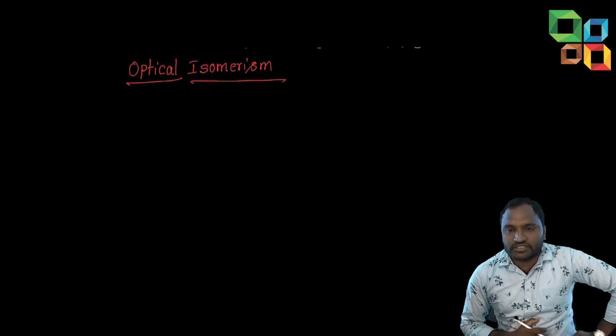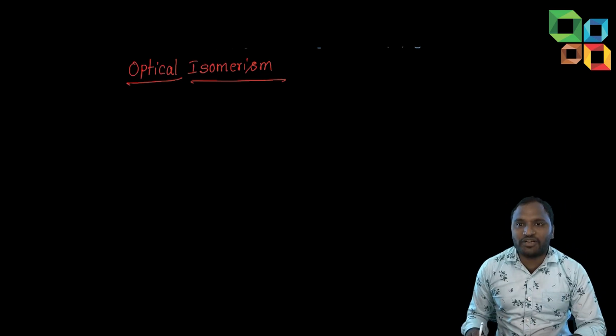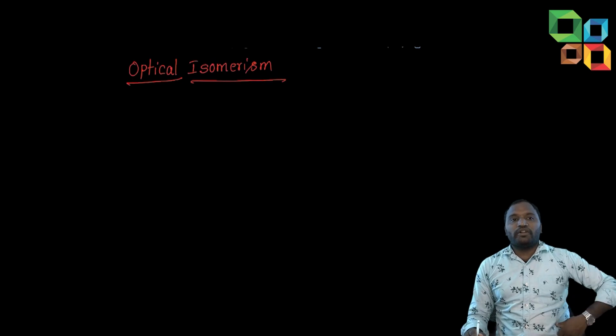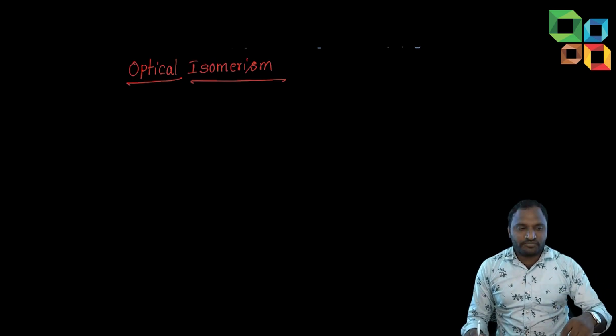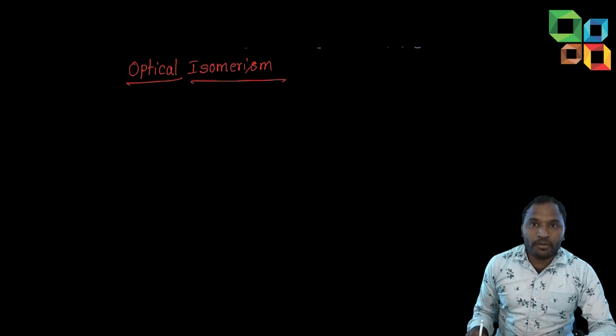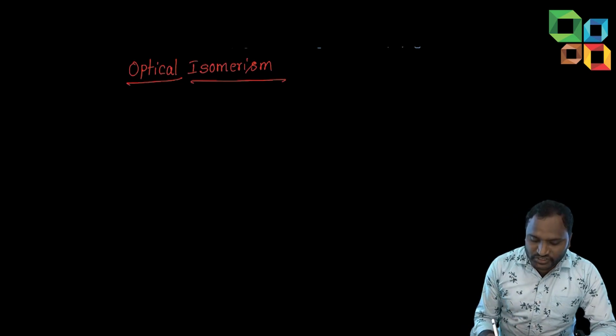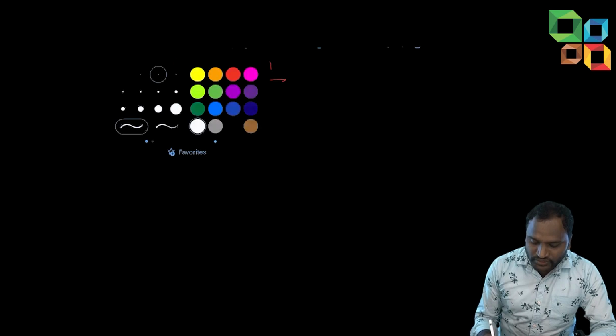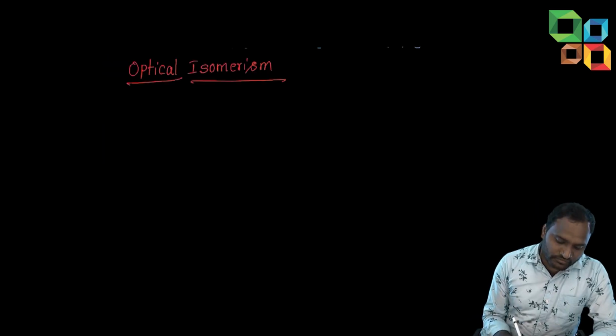Which isomer is it? Optical isomer. Before going to optical isomerism, I want to explain some terms. Plane polarized light: you should know this before entering into optical isomerism.